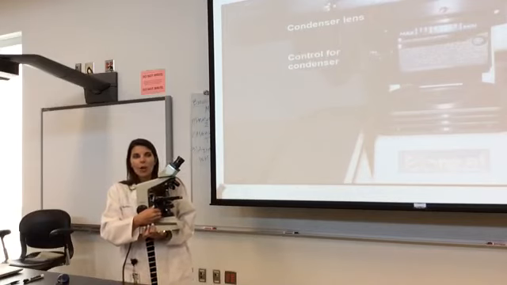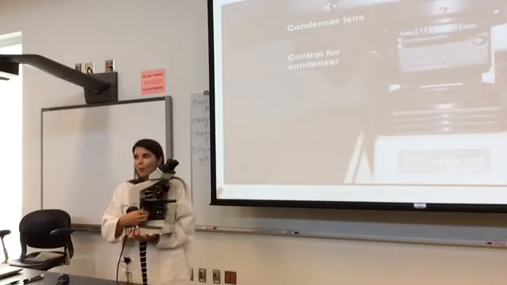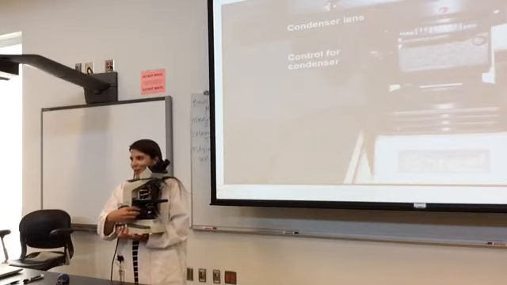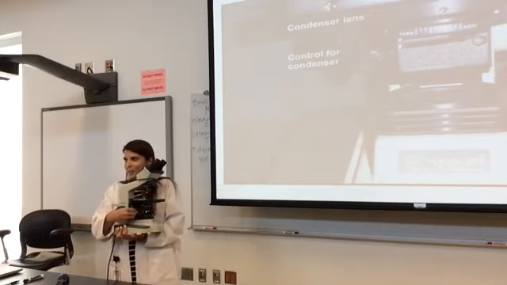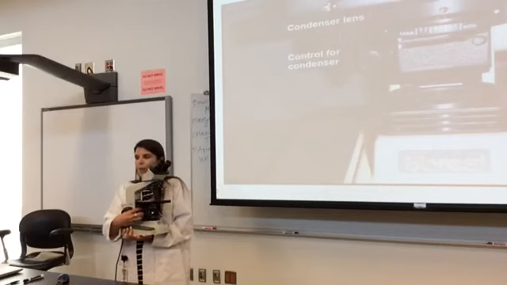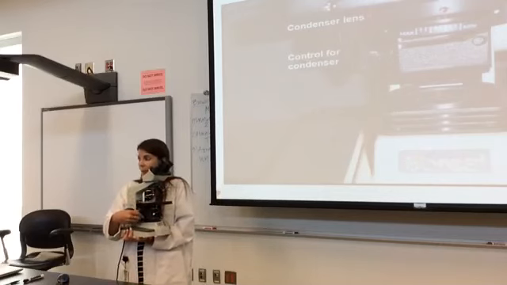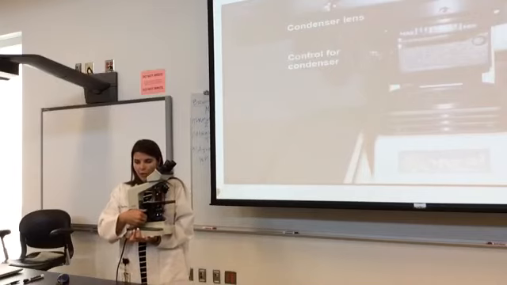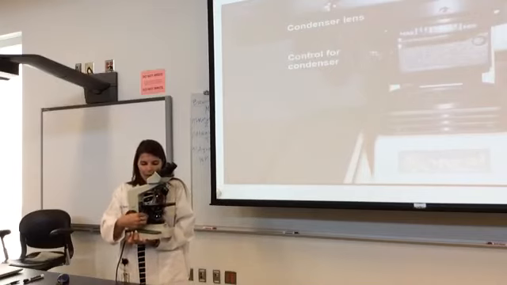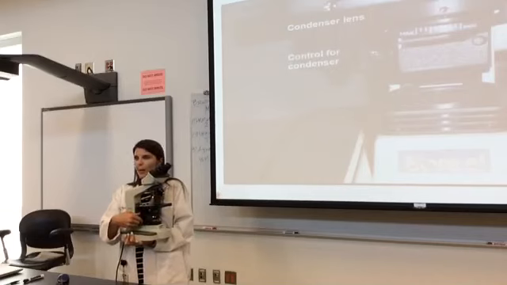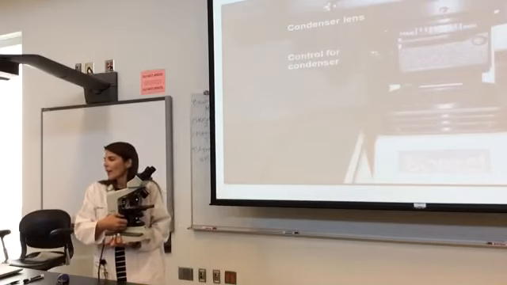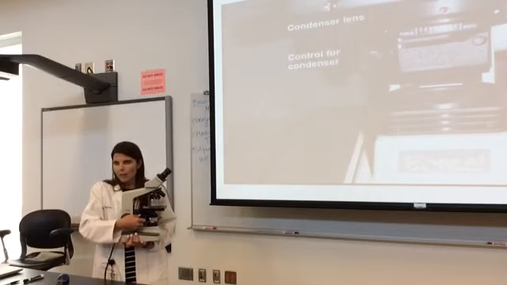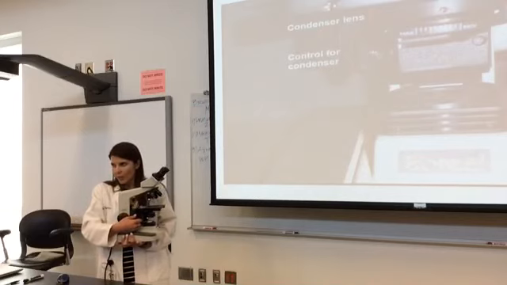This is called the condenser knob, or the control for the condenser, and the structure that is moving up and down is called the condenser. During a normal setting, you're really not going to mess with this, but I want you to know what it is.